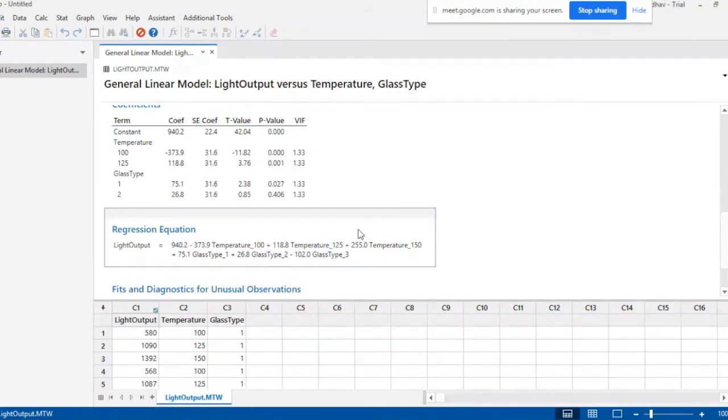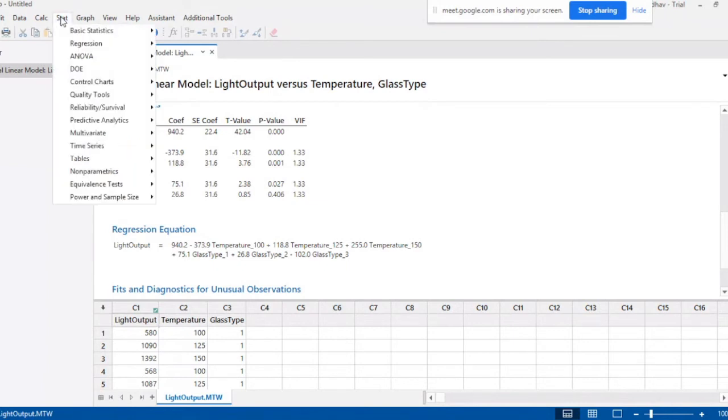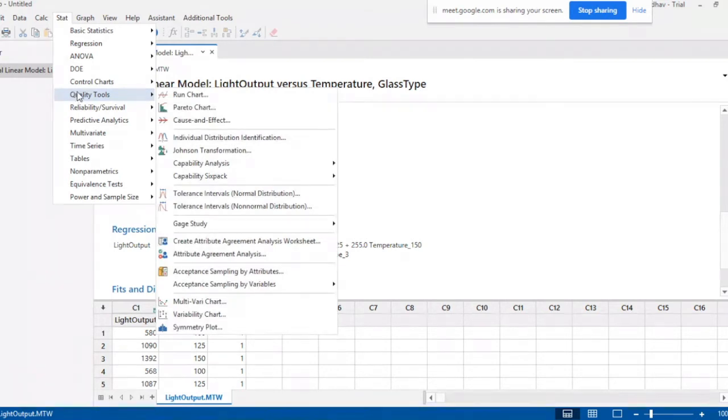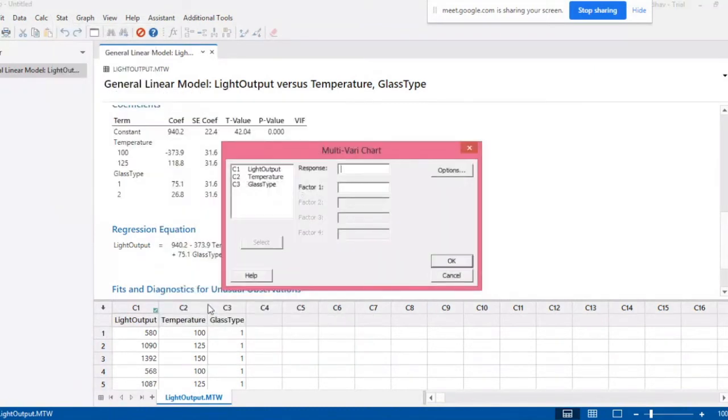Okay. Now how to get the graph? For getting the graph, we have to go to Stat, Quality Tools, and Multivariate Chart. The response is your light output.